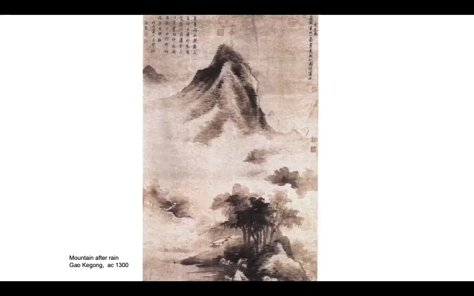This is a typical Chinese landscape painting by Gao Kegong, from the Yuan Dynasty. So what can we learn through this painting? One is natural attitudes. If you look at this painting, the whole composition of the landscape is somehow dominated by nature, right?